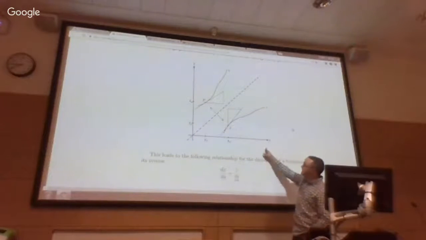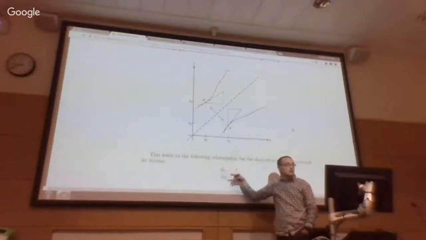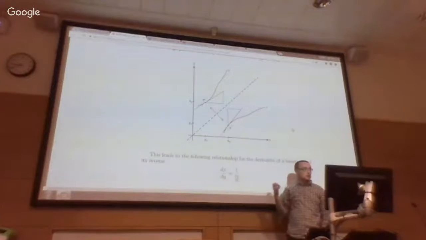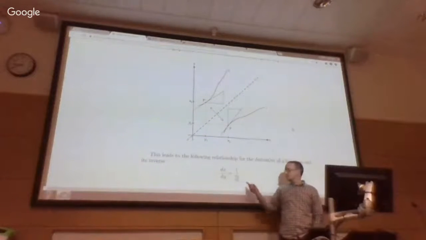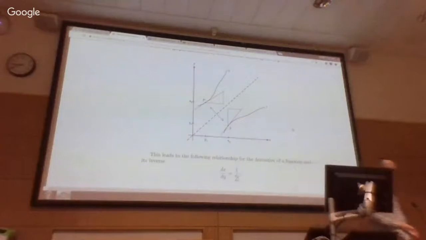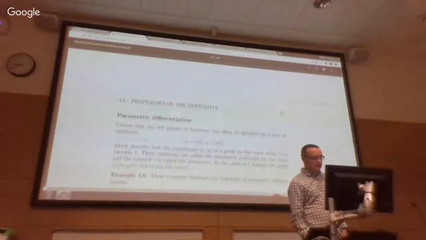So a low gradient for f will produce a very high gradient for g, because you're doing this reciprocal. You have a very low number for dy/dx, the gradient of f. You do 1 over it, you're going to get a very high number. So that's a nice relationship to have.